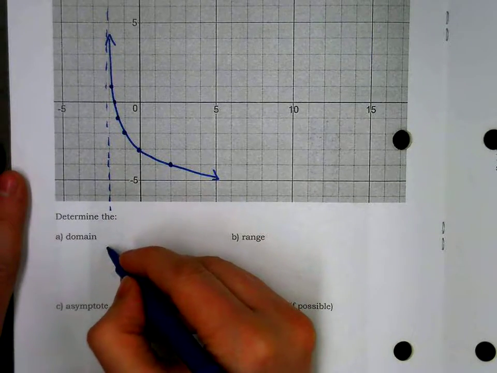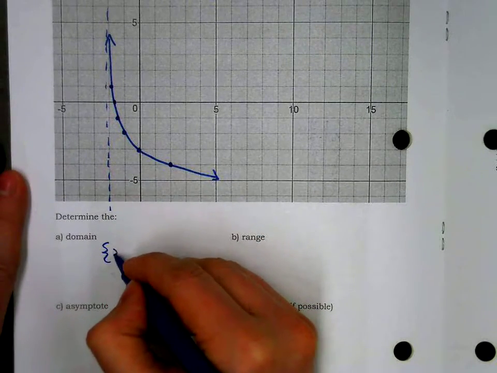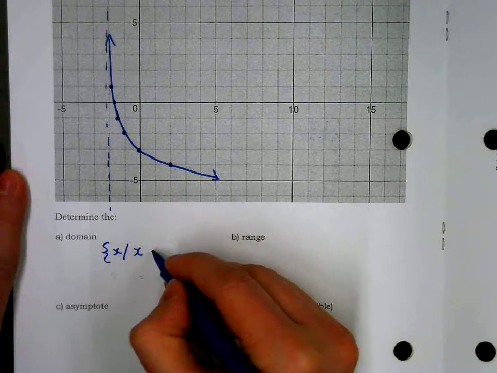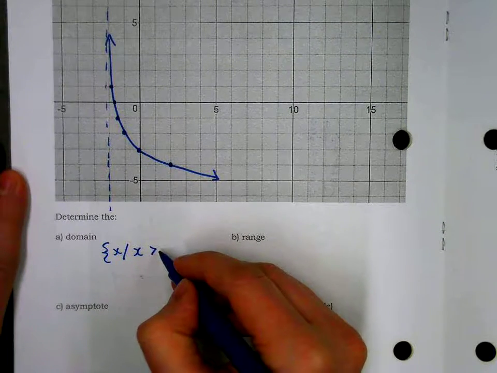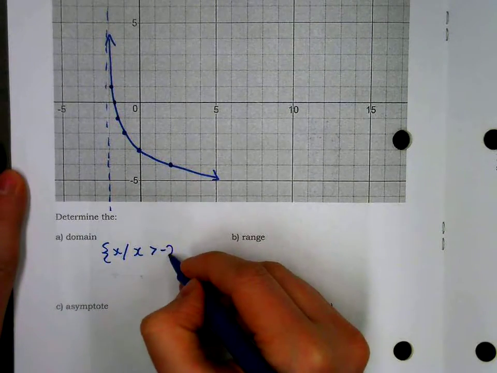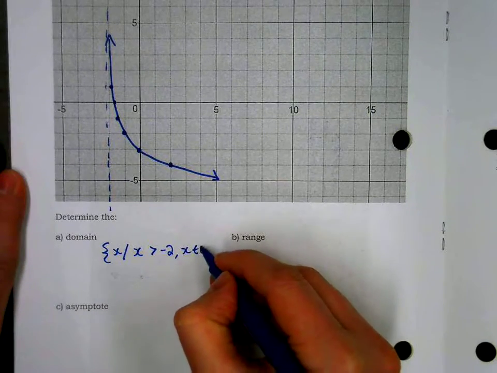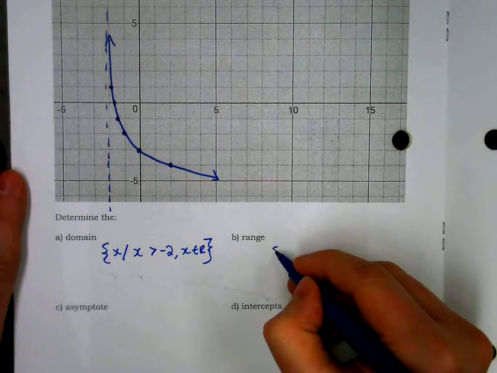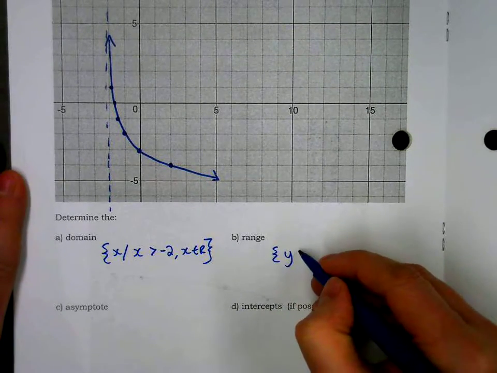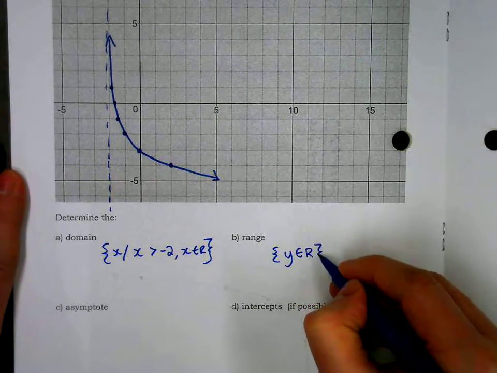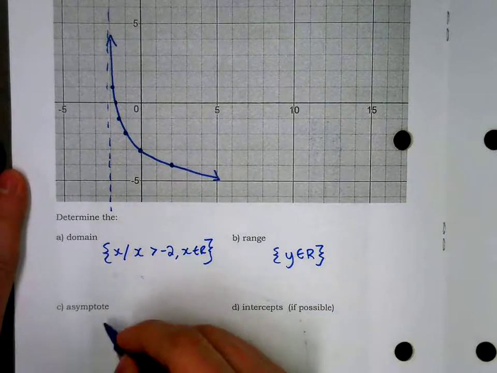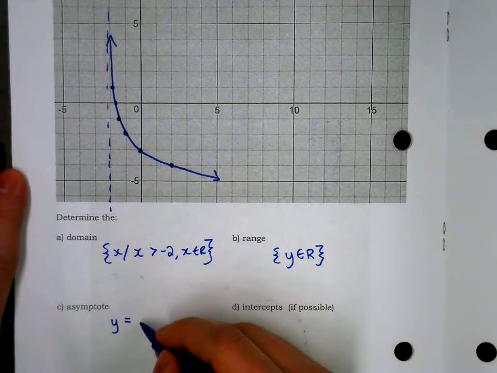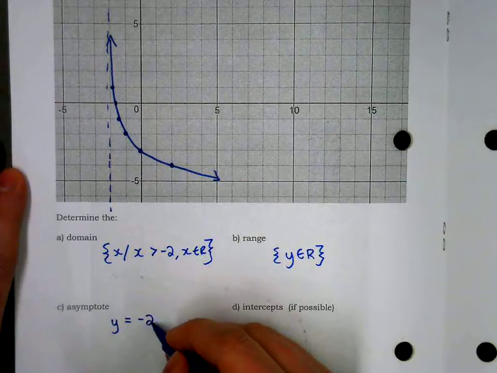But because there is a translation, we might say for our domain that x is such that x is greater than, not equal to, greater than -2. It is every decimal and fraction. It is an element of the real numbers throughout. For the range, all logarithmic functions are an element of the real number system. Our asymptote is tied to that domain and is at x equals -2.